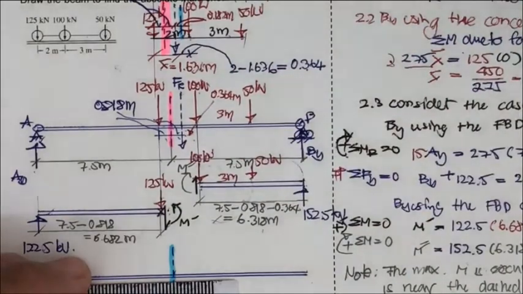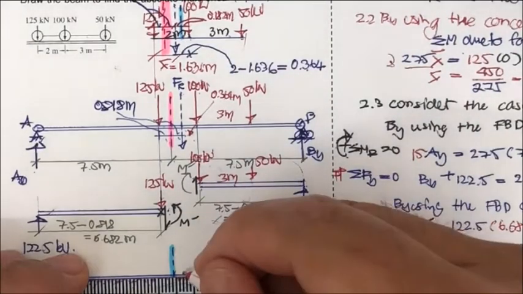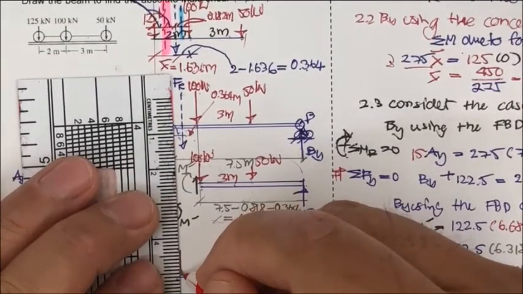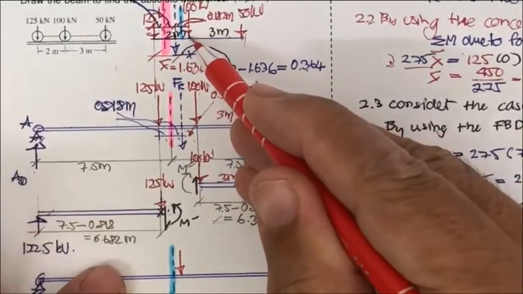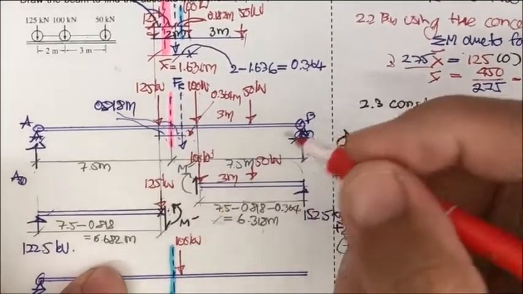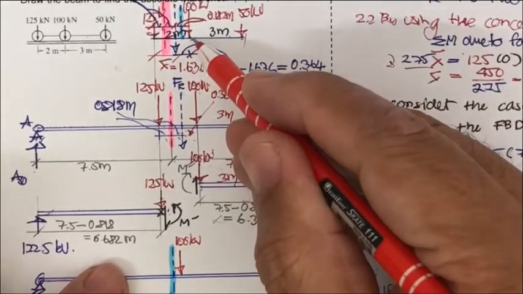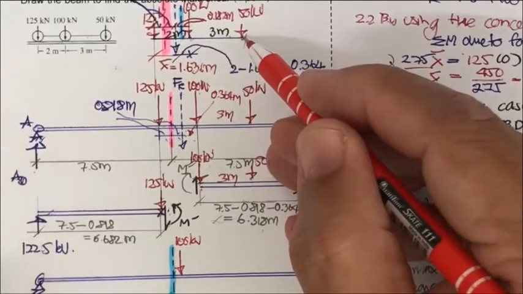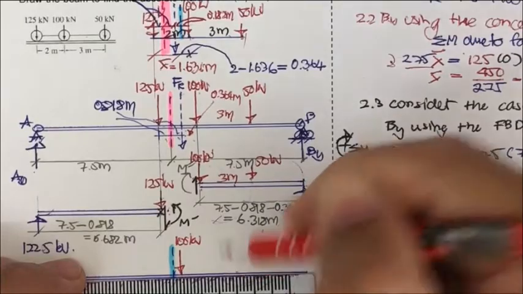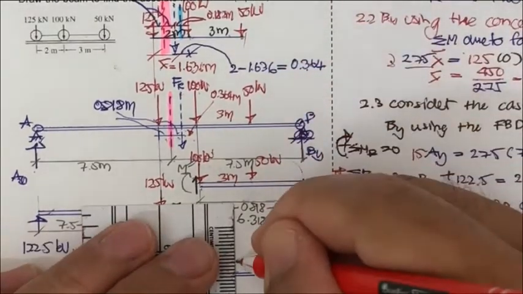Okay, let me put this one very small, and then we arrive at 100 kilonewton. This is going to be 100 kilonewton. And then if you draw it 3 meter, that's going to be 1, 2, and 3. You get 50 kilonewton.